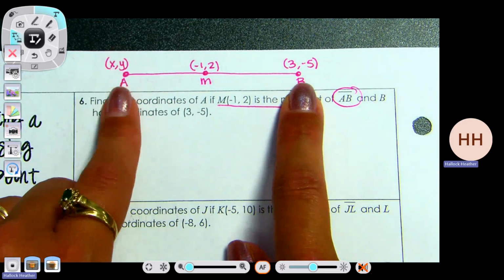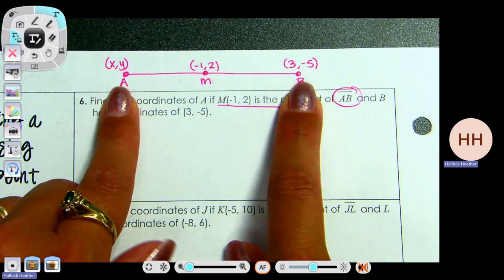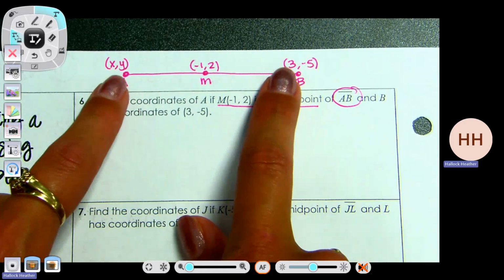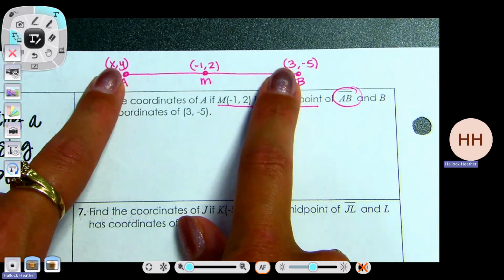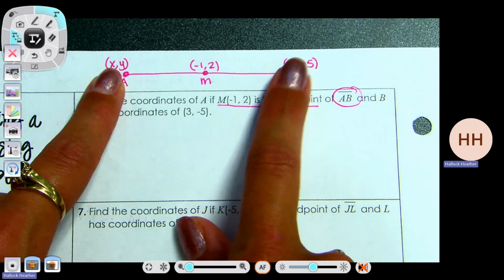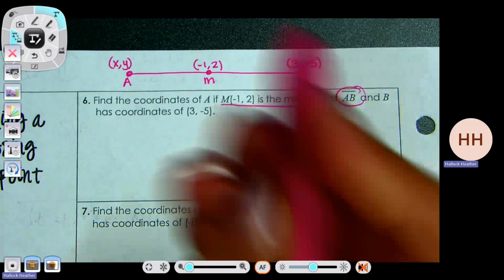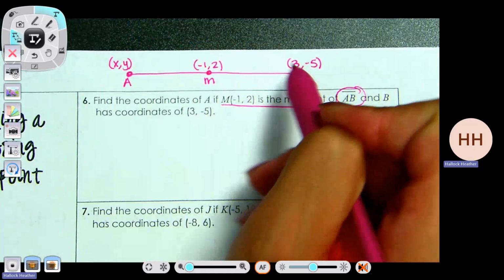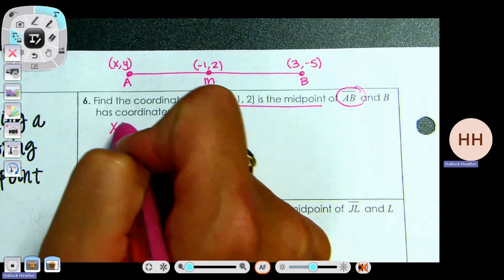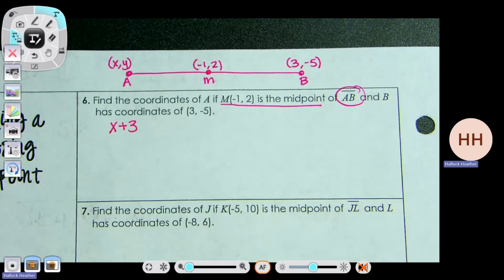So I'm going to use the same formula, just a little bit different. I'm going to take the two X values: X, which I don't know, and the other endpoint, which is 3. I'm going to use the X's together to make an equation. We're adding them together, and in the midpoint formula on your blue sheet, we divide by 2 every single time.